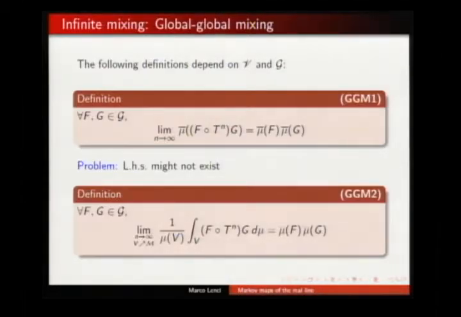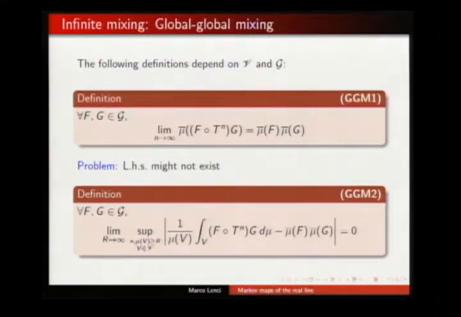But if you take a limit in which both the time and the size of the box go to infinity in independent ways, I'm going to tell you in a second what this notation means, and the limit is what it has to be, then you say that the system is GGM2 mixing. So what does that mean? It means if both the time and the size of the box are large independently of each other, then the left-hand side is as close as you want to the purported limit.